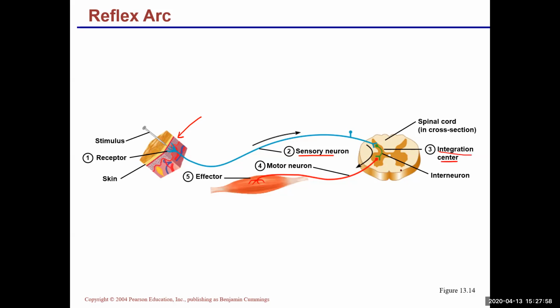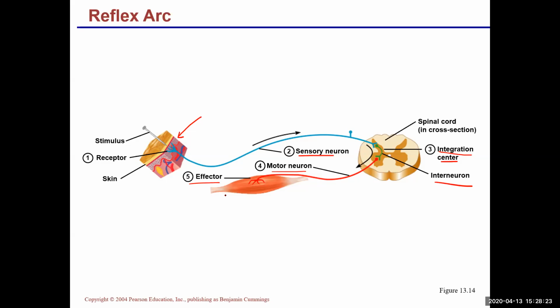In this case, the pain is going to the spinal cord. Via the interneuron, it goes from one area to another. And then communicating with the motor neuron, that's number 4, all right? And number 5 is the effector, in this case your skeletal muscle, your leg, if you're stepping on the nail and you're taking your foot off of that nail, all right?